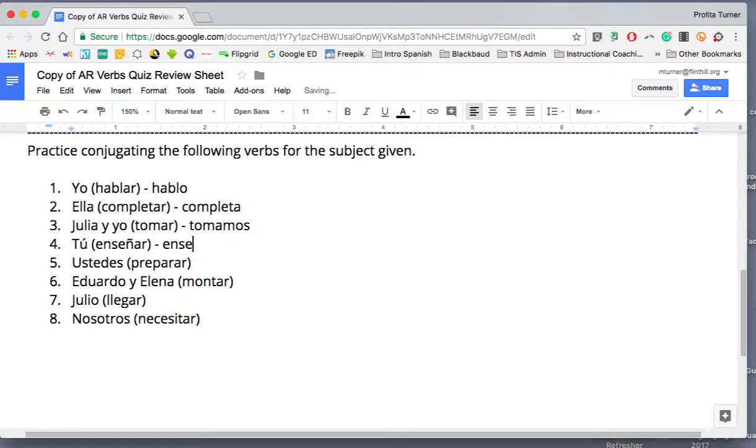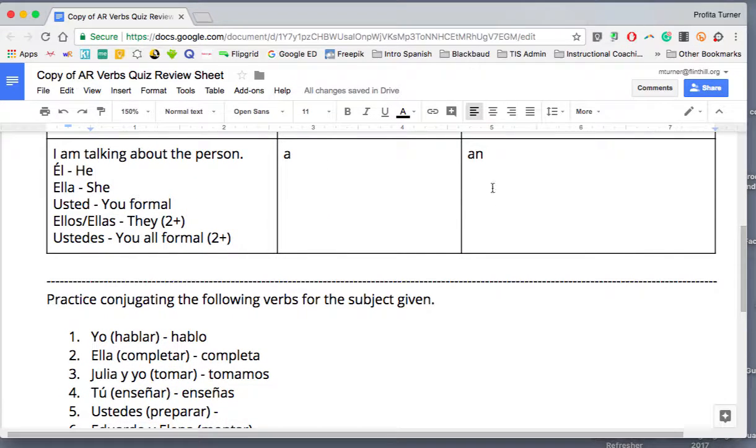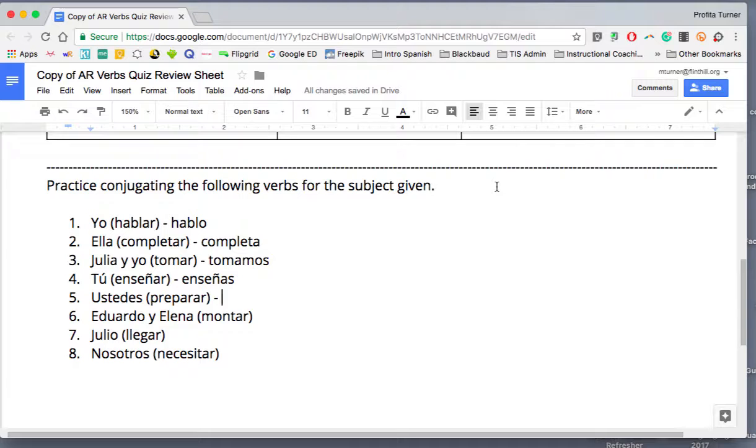Enseñar, I take off the AR, and I'm left with enseñ, and that would be enseñas. Tú enseñas. Ustedes, that's you all, formal, that's 2 or more people, so that's got to be an an ending, so preparar, I take off my AR, so I'm left with prepar, and I add the an, preparan.